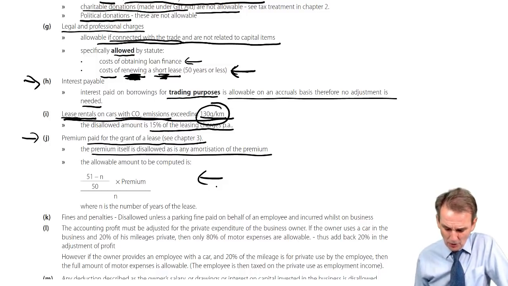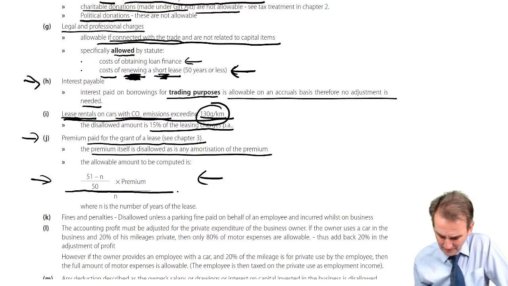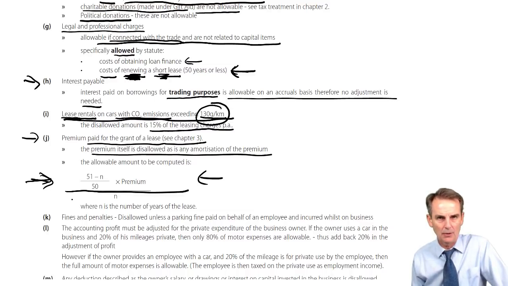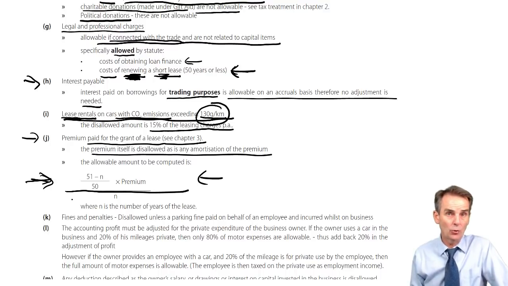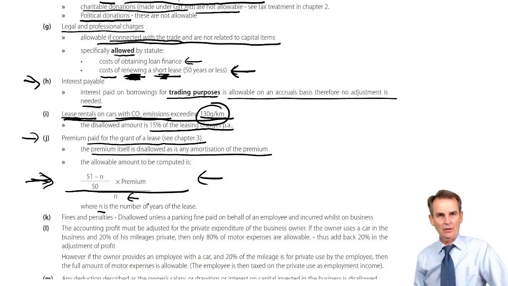What we had to do was to work out, using this top line, how you established the income assessment on the landlord, the lessor. And then what did we do? N is the number of years of the lease, of course. We divided that out by the number of years of the lease.